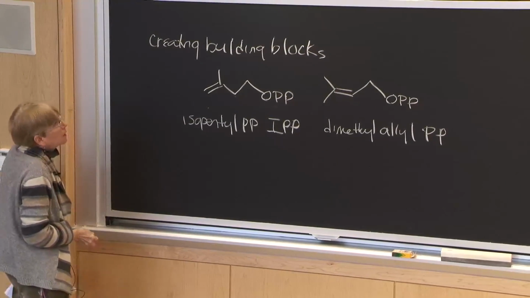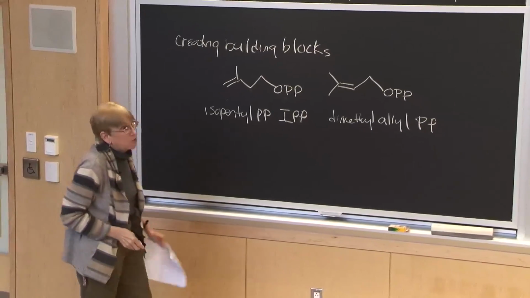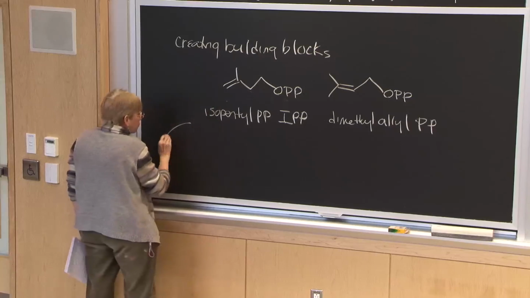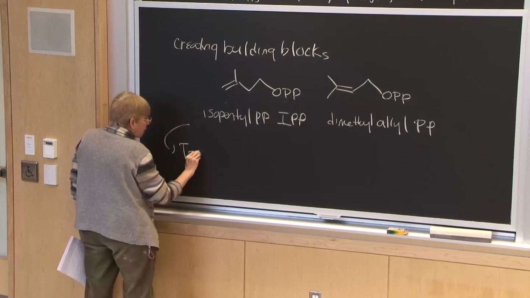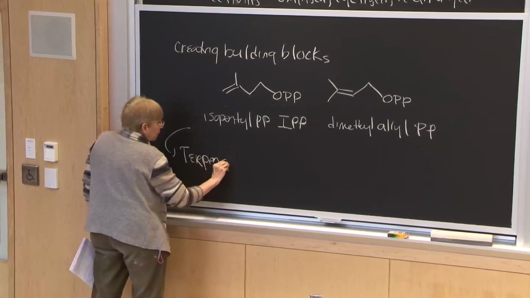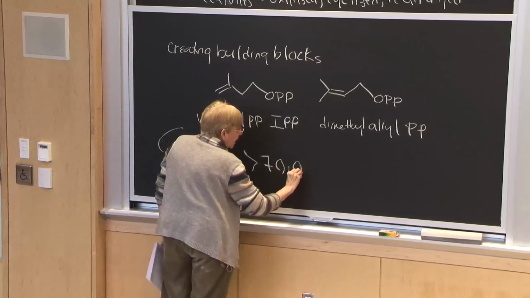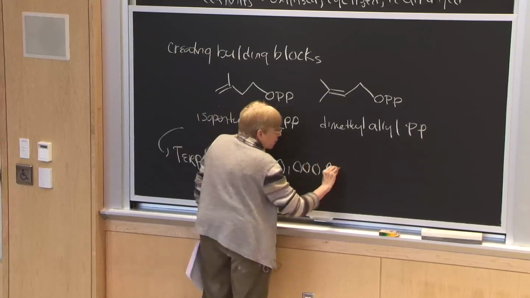So currently, it's estimated from the latest paper that I've read that these are the building blocks for what we call the terpenome, and it's estimated that there are greater than 70,000 natural products.